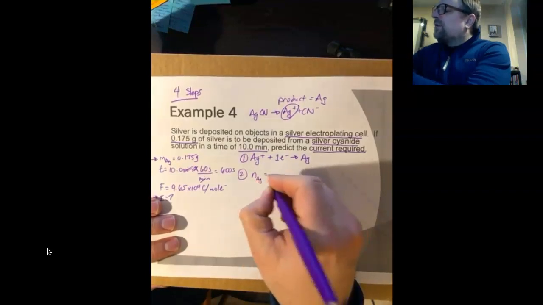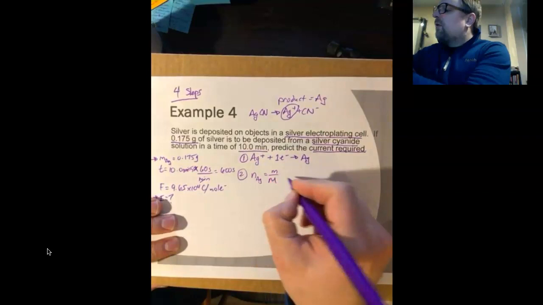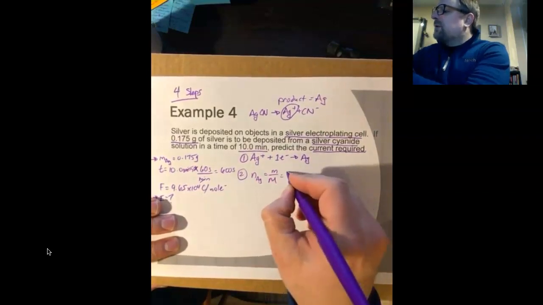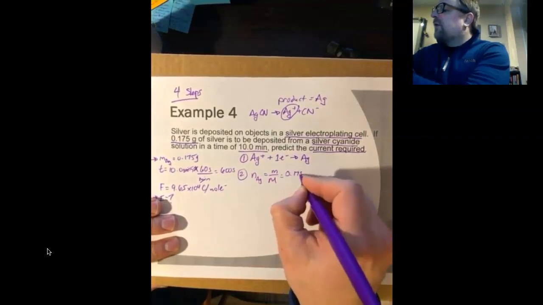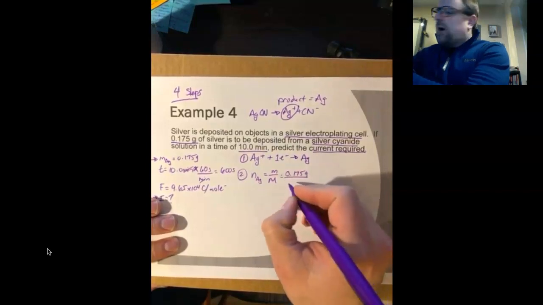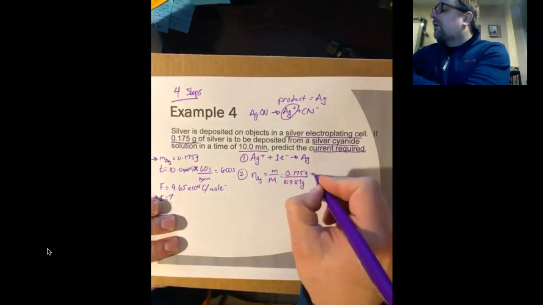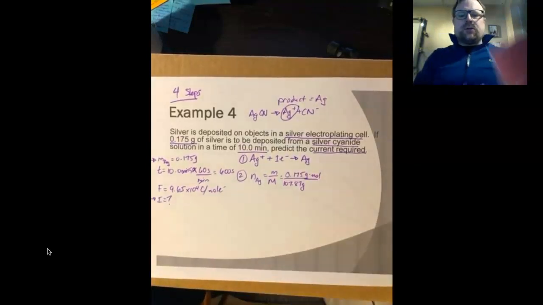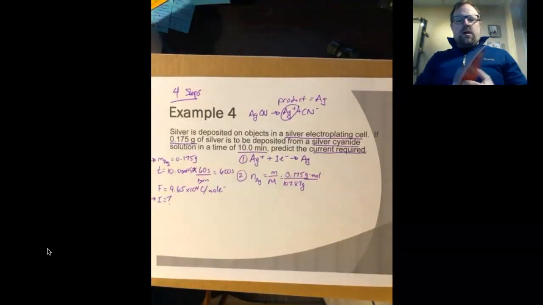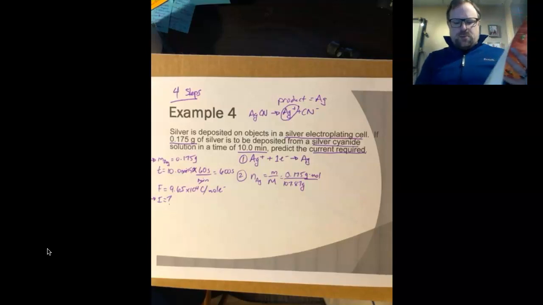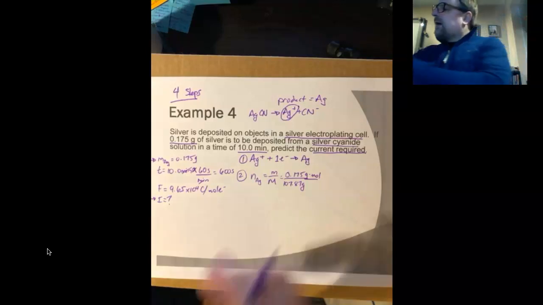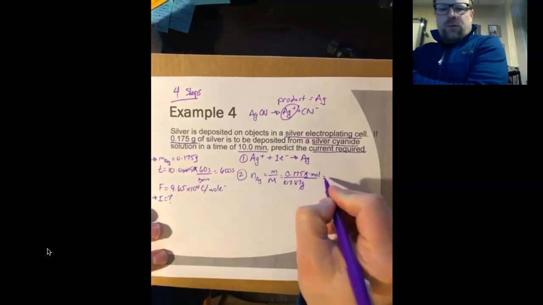So the number of moles of silver is mass over molar mass, which is going to be 0.175 grams divided by silver is 107.87 grams per mole. Now that I say that, I'm just going to double check to make sure I said the right thing, because sometimes my memory fails me. No, I had it right. Okay, grams cancel out. We're left with moles.